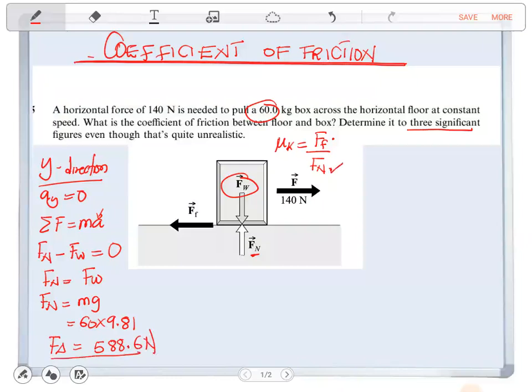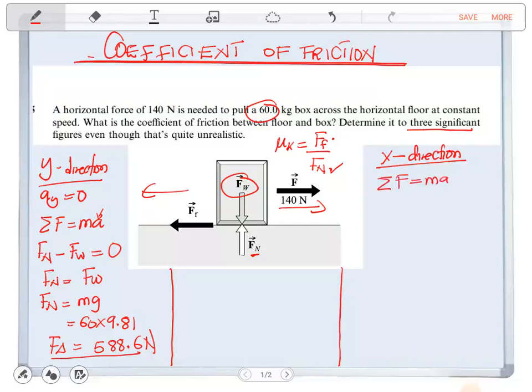So we've found one thing. Let's now find the friction force. To find the friction force, we are going to consider the motion in the x-axis. In the x direction, we have this force going this side, and the friction force going in the opposite direction. So the same thing, sum of forces is equal to ma.